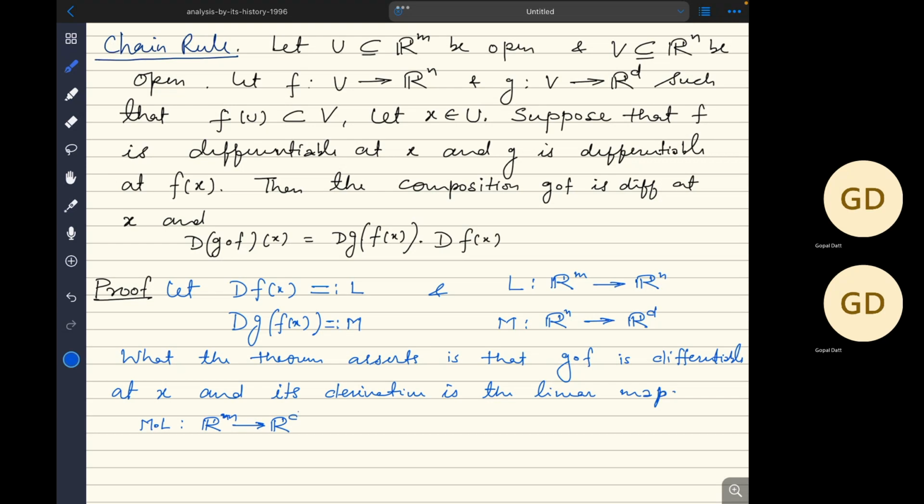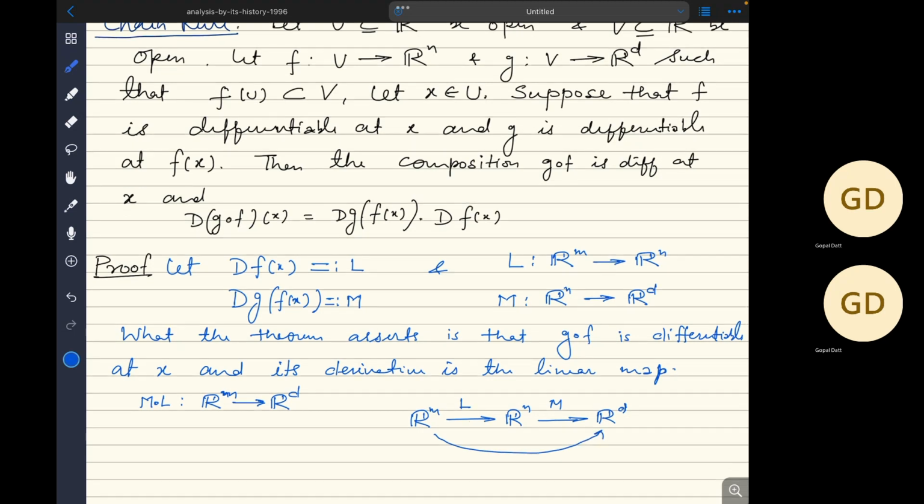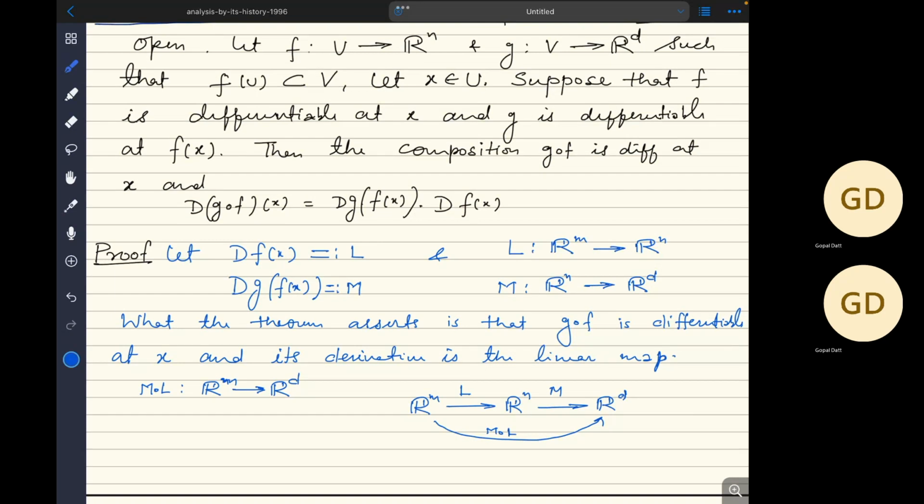You see, from Rm to Rn you have this linear transformation L, then here you have Rd. So the composition M∘L is from Rm to Rd. This is what we have to show.